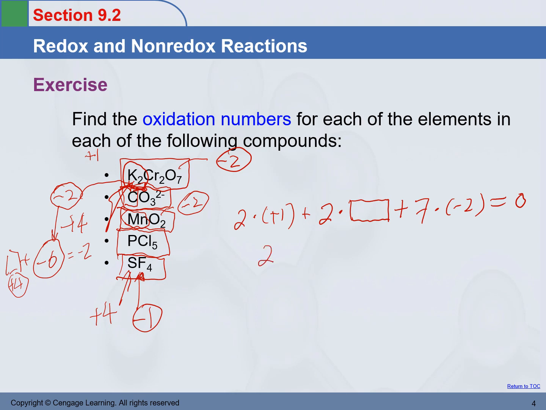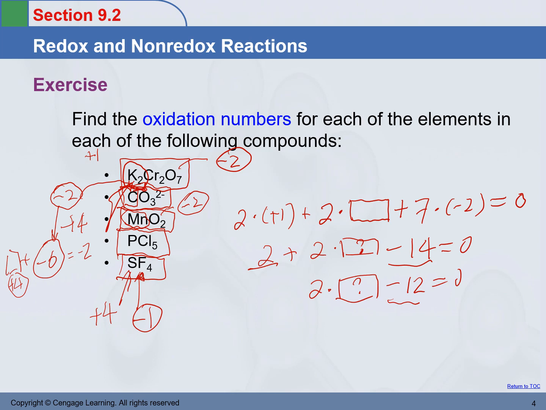So that's 2 plus 2 times whatever it is, that's our goal. We're going to solve that. 2 times -2 times 7 equals -14. So -14 plus 2, that's -12 now.